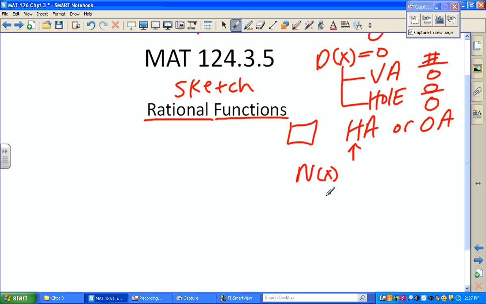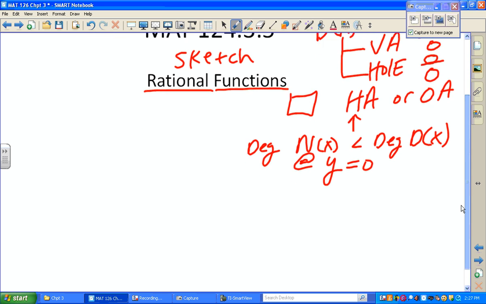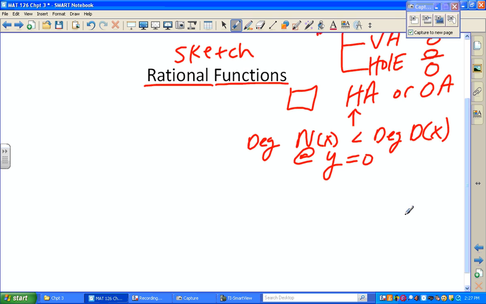Positive exponents. We call those exponents what of the polynomial? The degree. So if the degree of the numerator is less than the degree of the denominator, automatically, horizontal asymptote at y equals 0. No question about it.